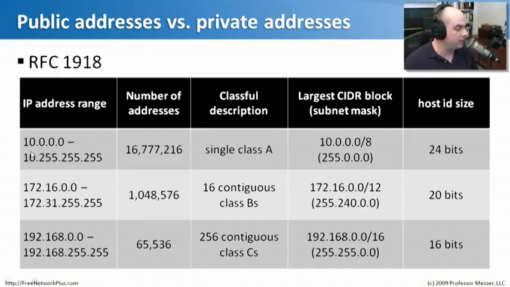So IP address ranges would be this 10-dot address all the way through, with this what we call a single class A, which means that we're using 8 bits of subnet as the CIDR block or the subnet mask for that 10-dot address. Also, this range of 172.16.0.0 through 172.31.255.255, all of those addresses are private and cannot be routed on the internet.